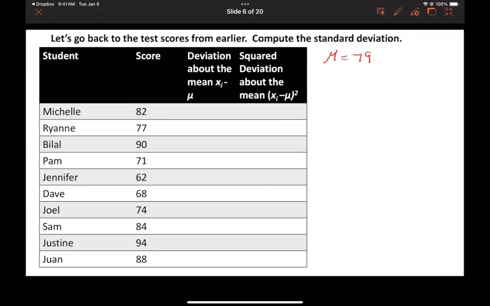So 82 minus 79, that's 3. So the deviation of Michelle's score from the mean is 3, but that's not a standard deviation. A standard deviation refers to the spread of your data or the typical distance a value is from the mean. So you only can use the word just deviation if you're referring to one value and how far it is from the mean, if that makes sense.